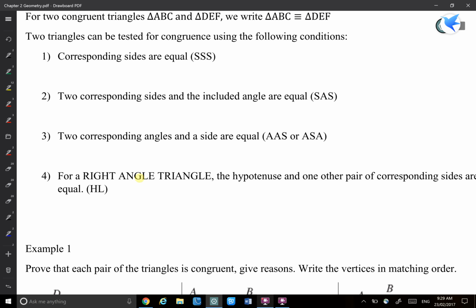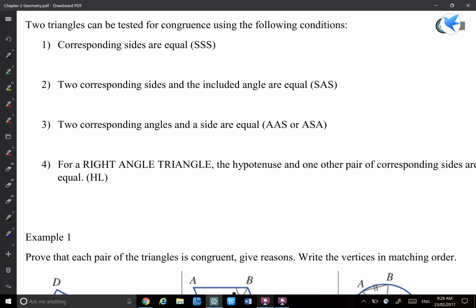The second one will be two corresponding sides and the included angles are equal.